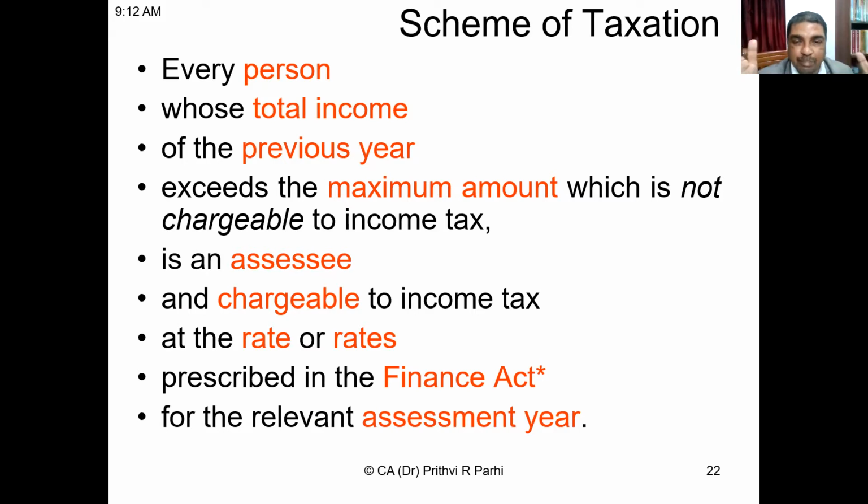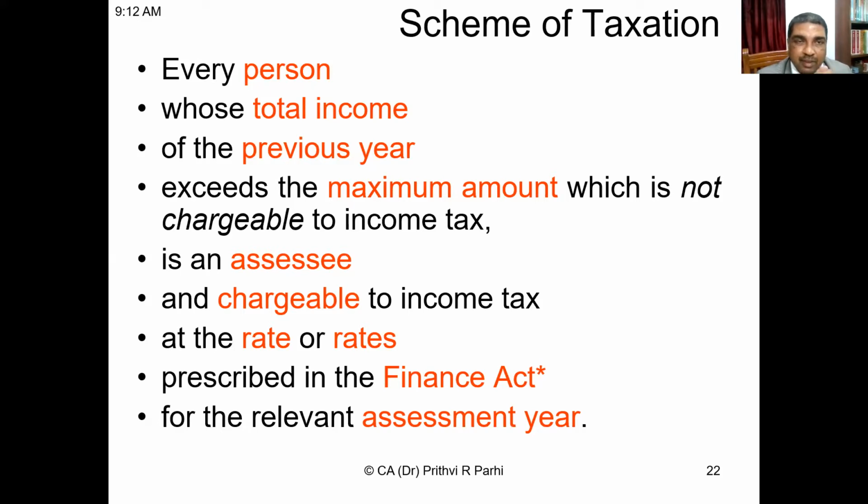Are you able to see the complete sentence? Let me read it. Every person whose total income of the previous year exceeds the maximum amount which is not chargeable to income tax is an assessee and chargeable to income tax at the rate or rates prescribed in the Finance Act for the relevant assessment year.